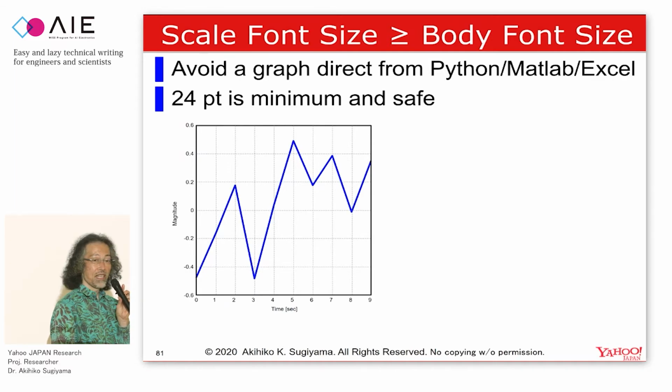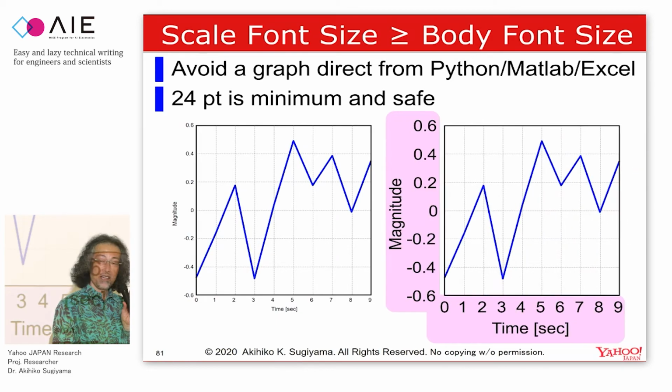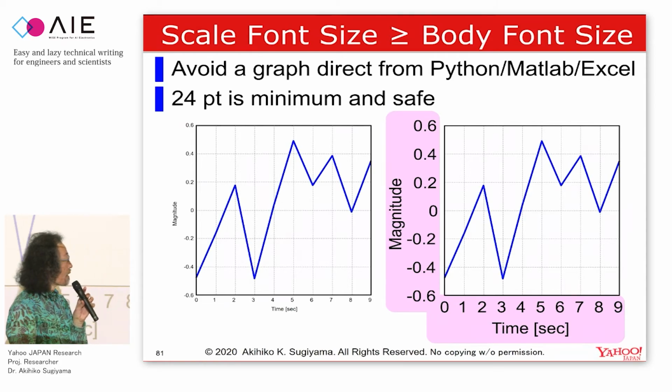So it's not easy to read these values probably for you. I can read them because I'm standing here closer to the figure, but you should have difficult time reading these values. But if you use 24 points like this, it is visible so that you can convey the information for sure with labels again.